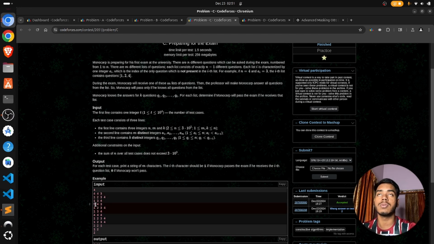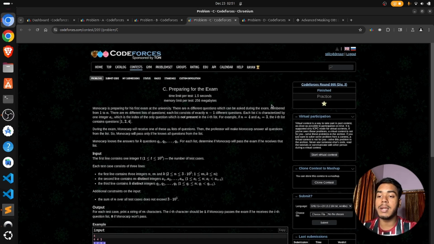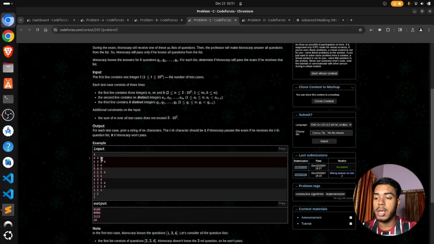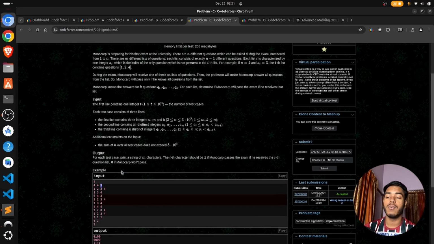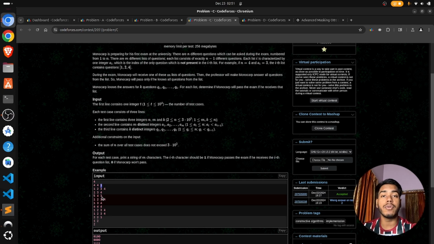So it is 2 3 4, and then if it is 2, it will be 1 3 4, then 1 2 4, and then 1 2 3. Okay, and you will be given another number k, which is 3 here, and which must be at least n minus 1, because you have to know at least n minus 1 questions, or else your answers will all be 0.